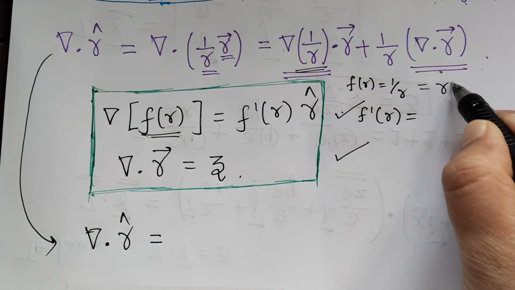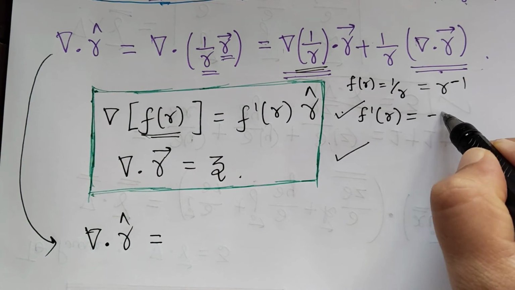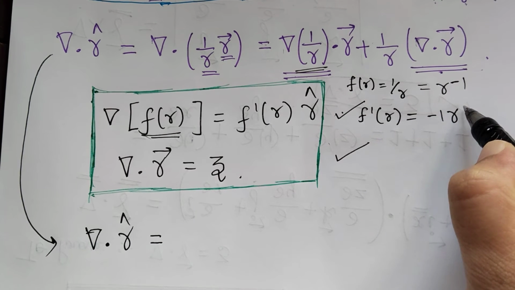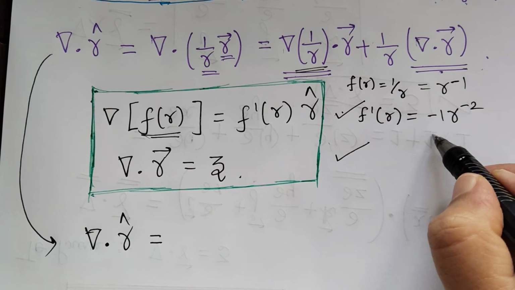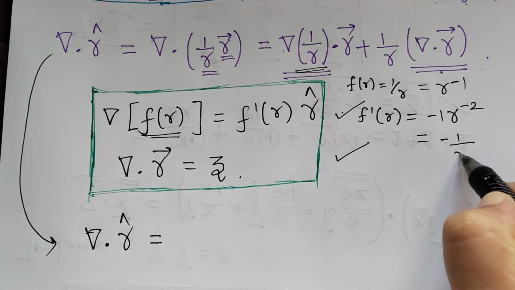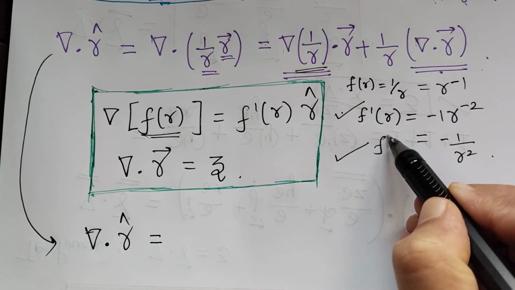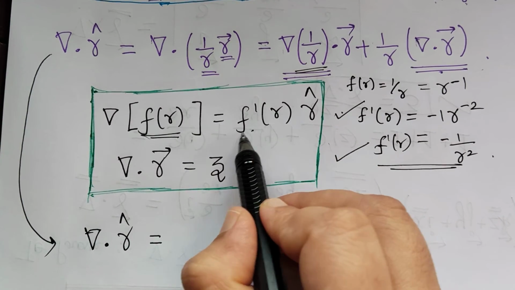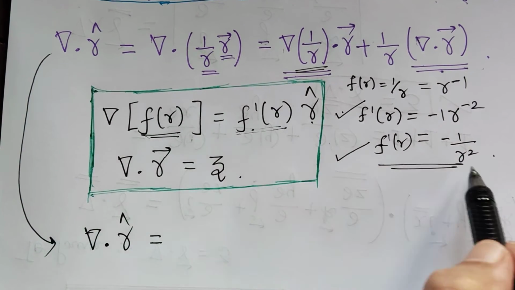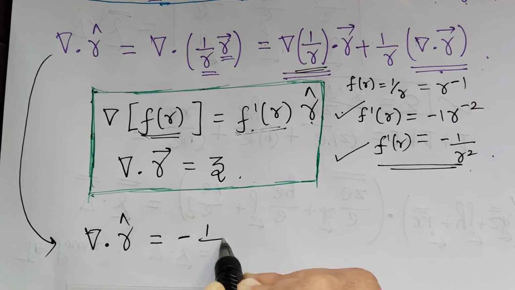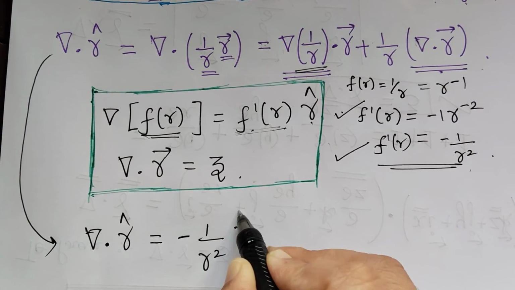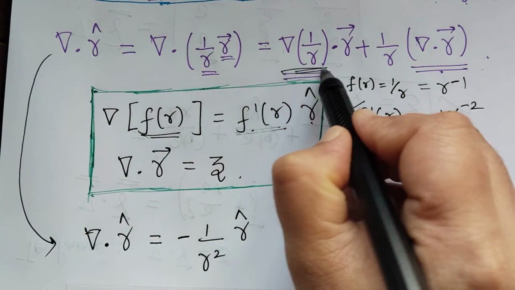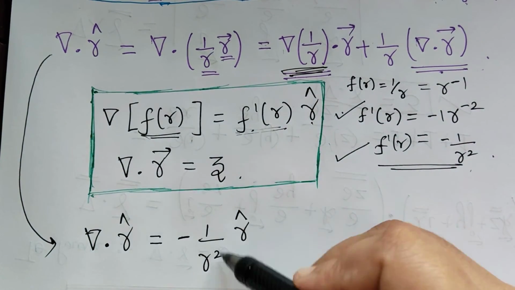Here 1 by r is r to the power minus 1, and when differentiated it will be minus 1 r to the power minus 1 minus 1, so minus 2, and it's equal to minus 1 by r square. So this is our f dash of r. We have to substitute over here. So f dash of r multiplied with r cap. F dash of r is minus 1 by r square multiplied with r cap.